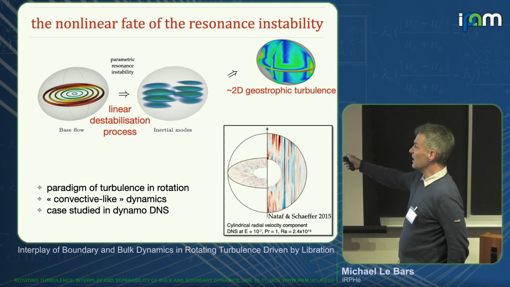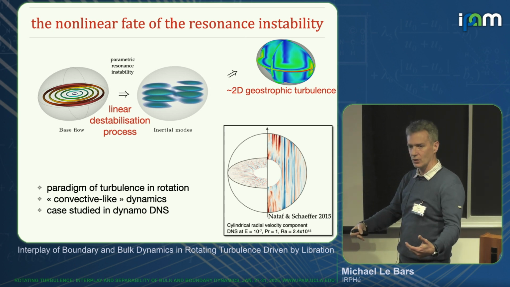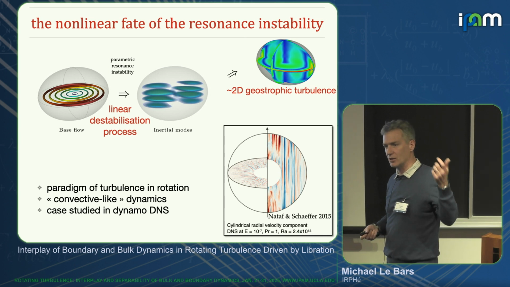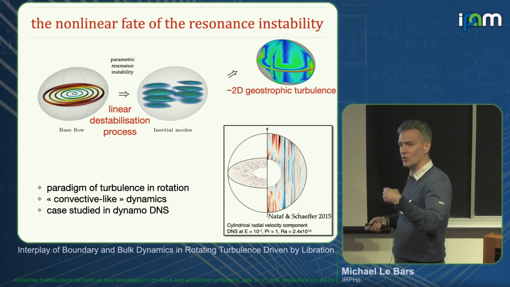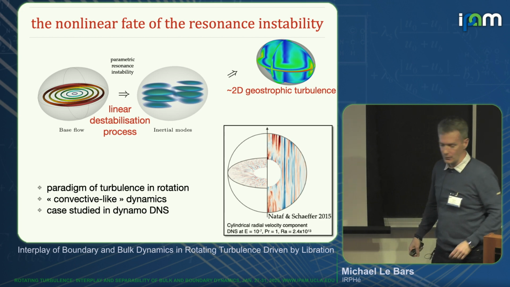Okay, and this is actually very similar to usual rotating convection. It's mostly geostrophic. So maybe it's not such a surprise that we recover a dynamo and so on. Actually, it's just the source of the excitation is different, but the shape of the flow is very similar.